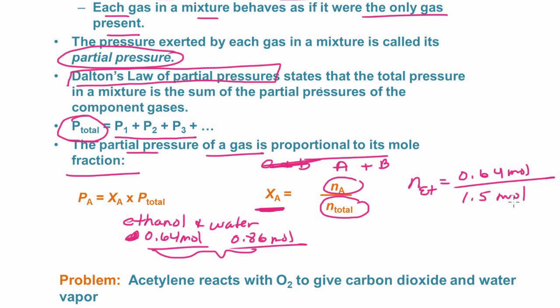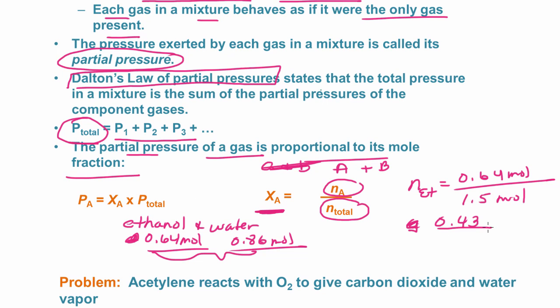So that'd be the total number of moles. So 0.64 divided by 1.5 will give us 0.43. That would be the mole fraction of ethanol. Mole fraction, notice, is unitless because the units do cancel out, and the mole fraction is always less than 1.